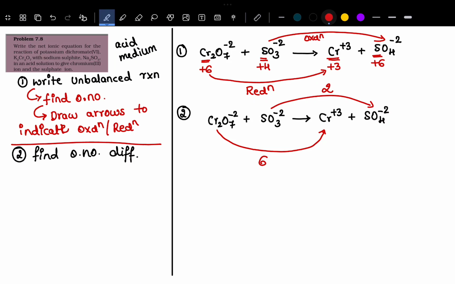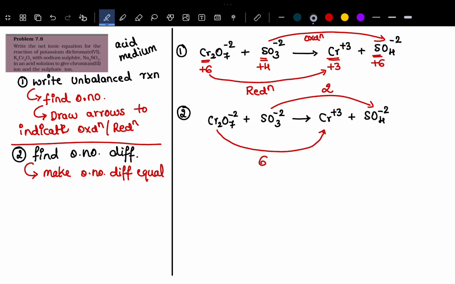Now once you have identified the oxidation number difference, in the next stage you have to make these two numbers equal. In order to make them equal, I can multiply by some numbers. So in the next stage, make the oxidation number difference equal.